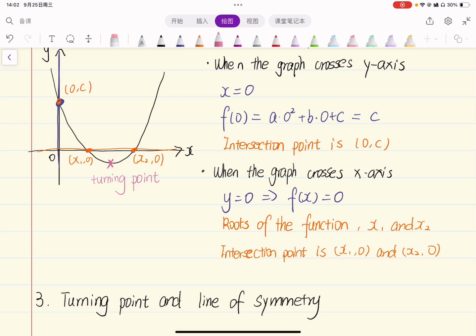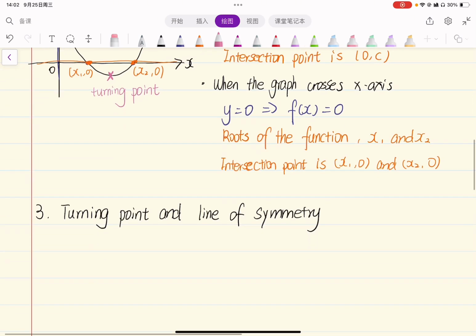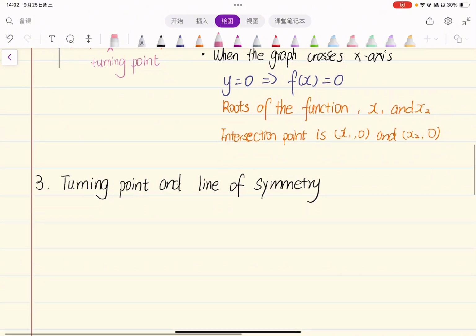To find the turning point, what do we need to do to the function?